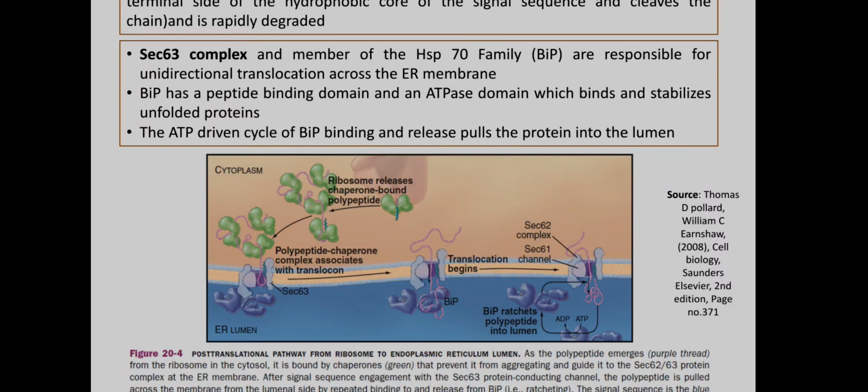The ATP-driven cycle of BiP binding pulls the protein into the lumen. So the protein should be landed in the ER lumen, and the Sec63 complex and the HSP70 family protein help in unidirectional translocation of that protein.